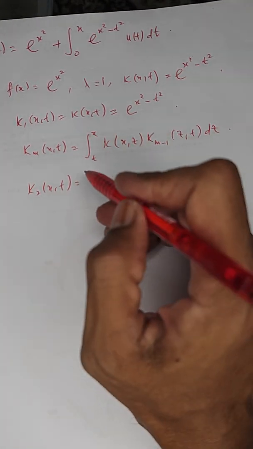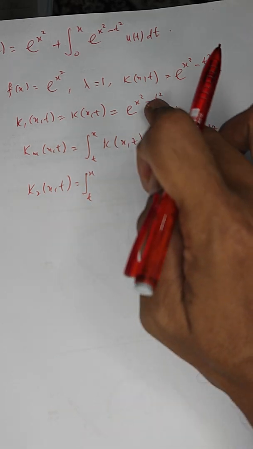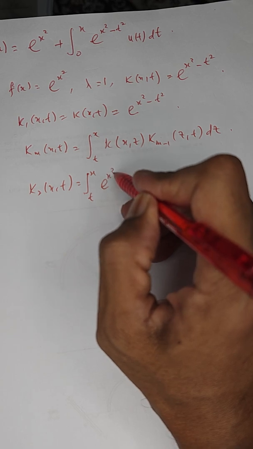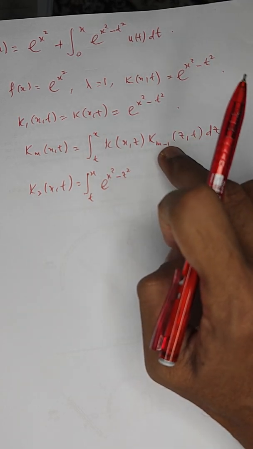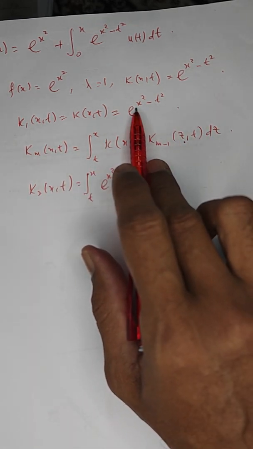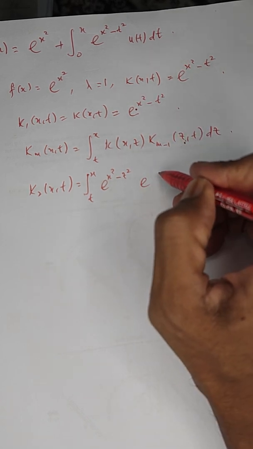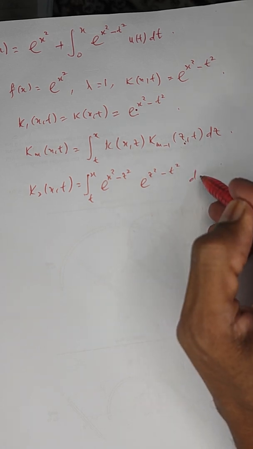So for K2 we have the integral from t to x of K(x,z), where we change z with t, so e^(x^2 - z^2), and K1(z,t), where we change x with z, so e^(z^2 - t^2) dz.